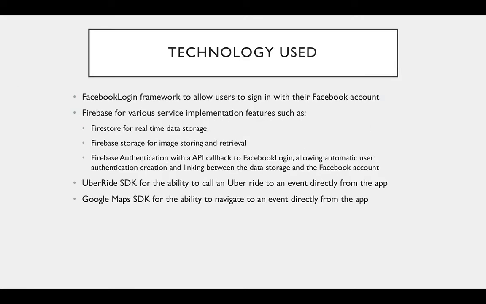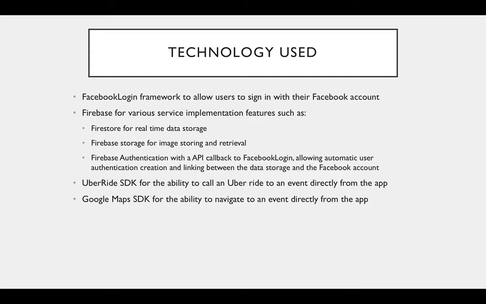Some of the technologies that were used for this: Facebook Login was used for the sign-in process and the sign-in flow to create an easy way for users to generate their profile account by linking their Facebook account. Firebase was used for the service implementation features.